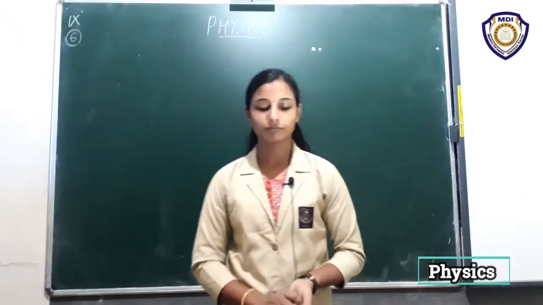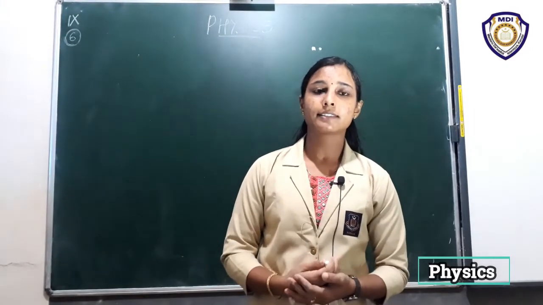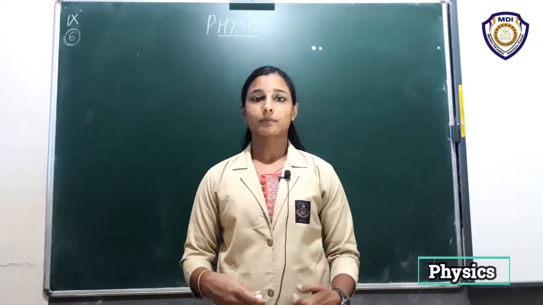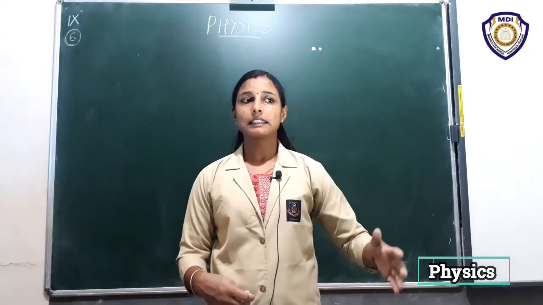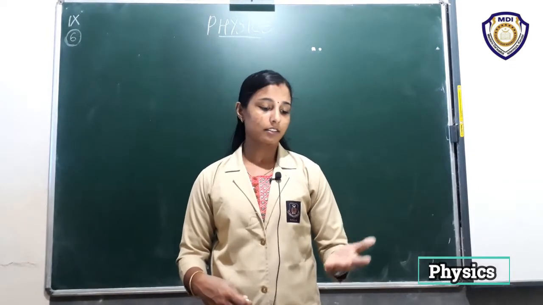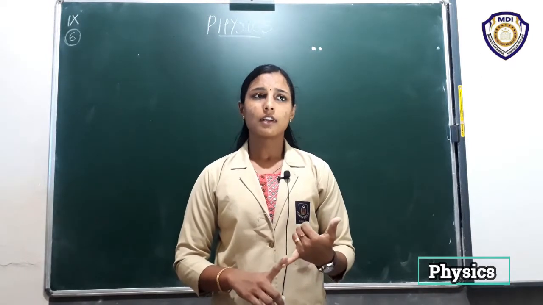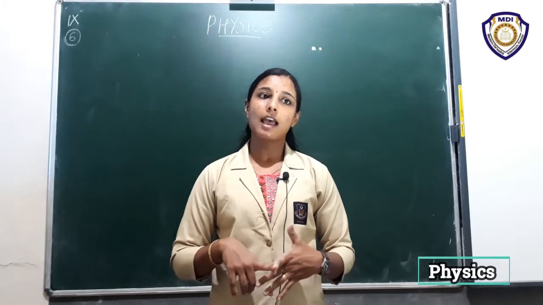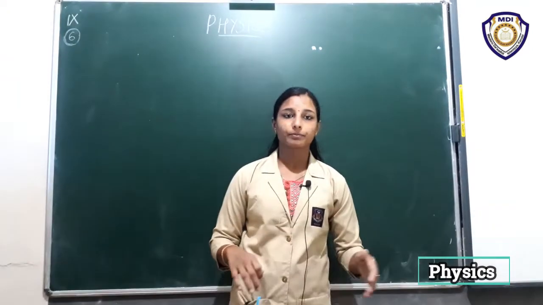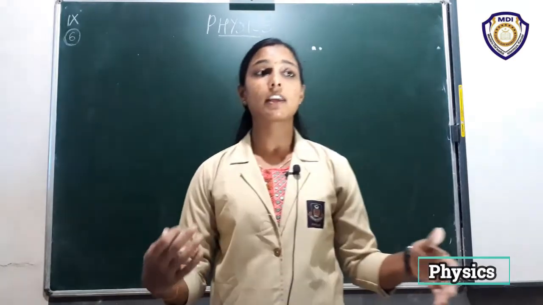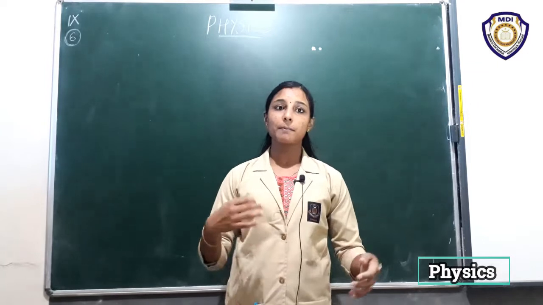So leave it. Today we are going to discuss a new thing. In this chapter we have so far learned so many things: velocity, distance, displacement, acceleration, and so many things, right? All these things we can explain by using simpler methods.